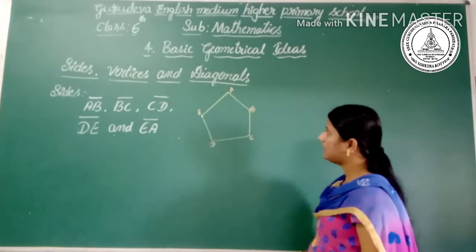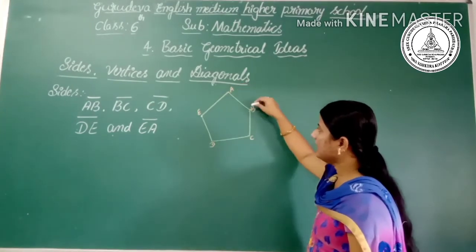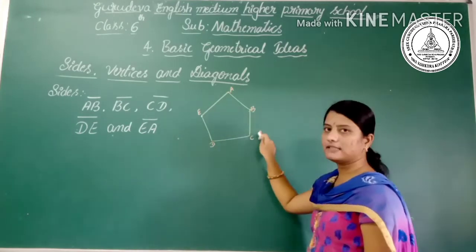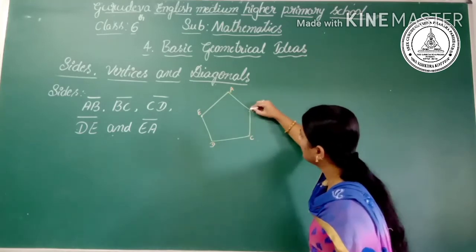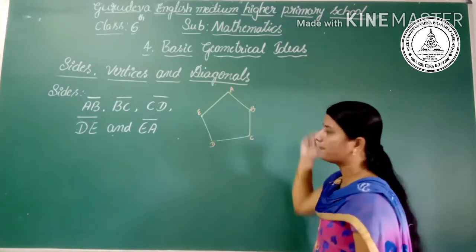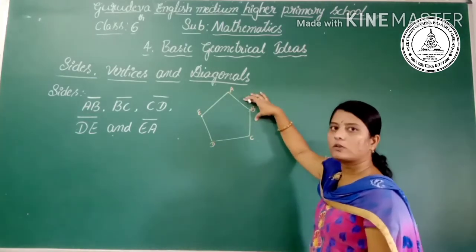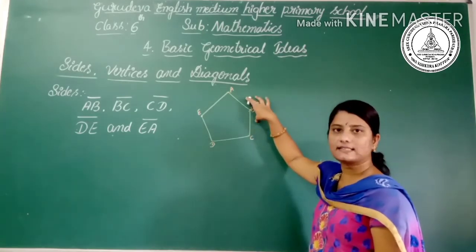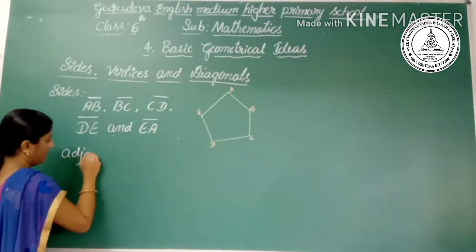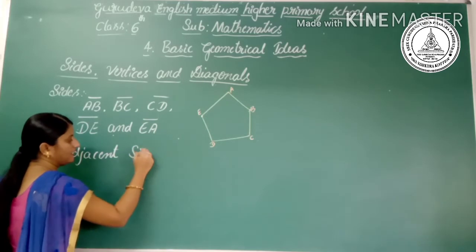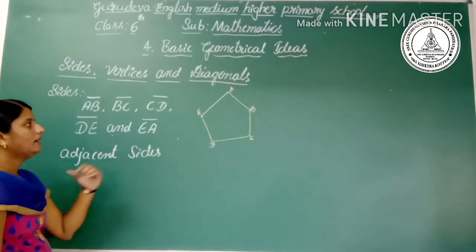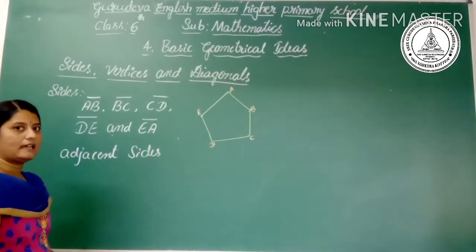Similarly, you can see here the AB side and the BC side. These two line segments have one common point, meaning they end at one point. Then the two sides are called adjacent sides. So AB and BC are adjacent sides.